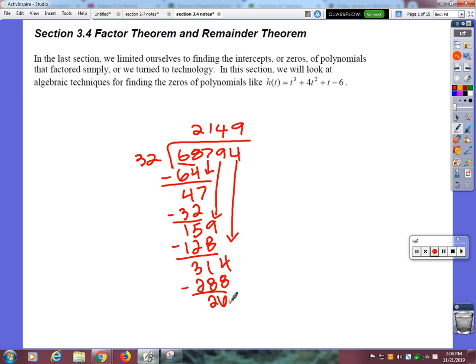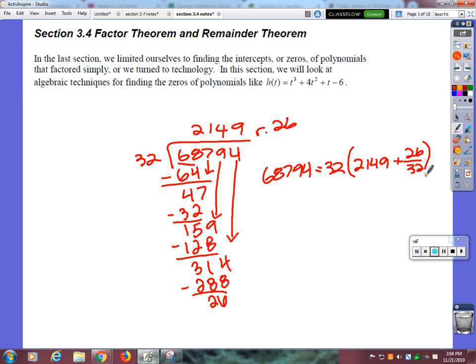Okay, so there are 2 different ways that I can write this now. I can either say it goes in like this with the remainder of 26, or I can say that 68,794 equals 32 times 2,149 plus 26.